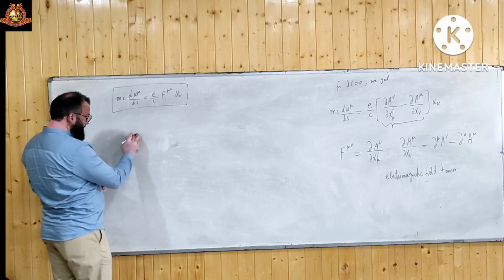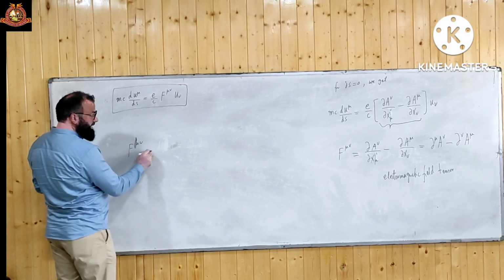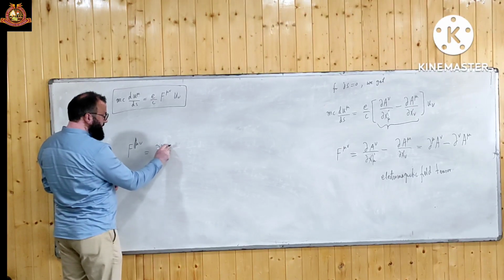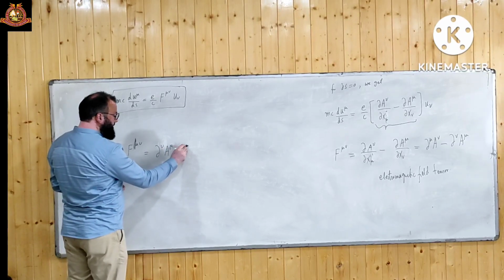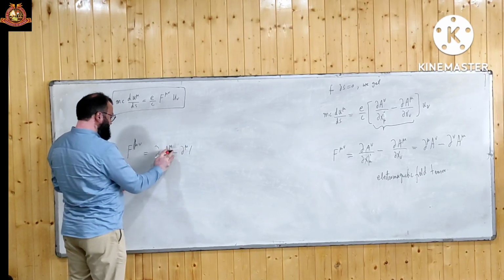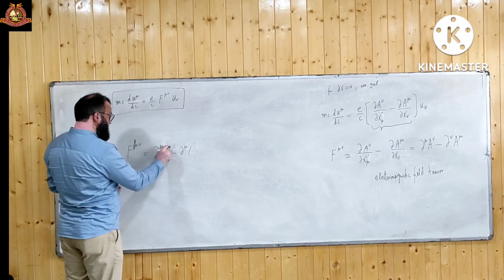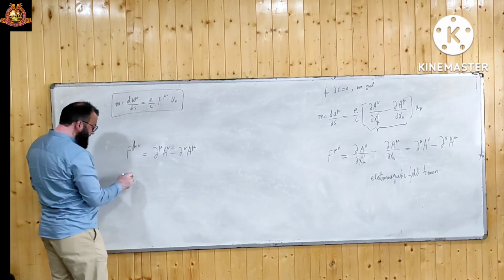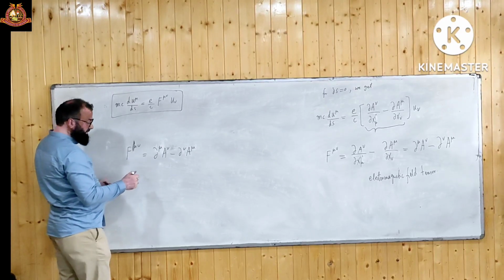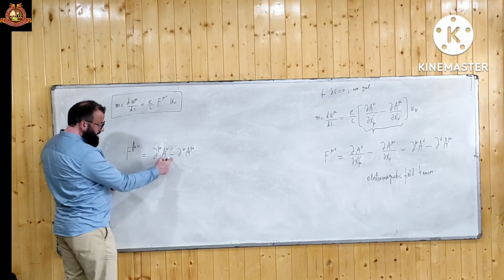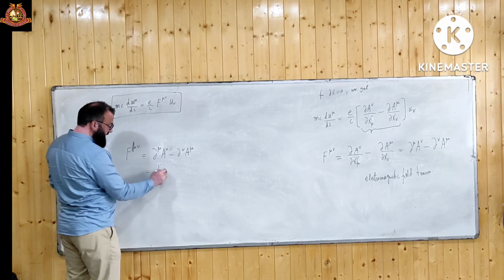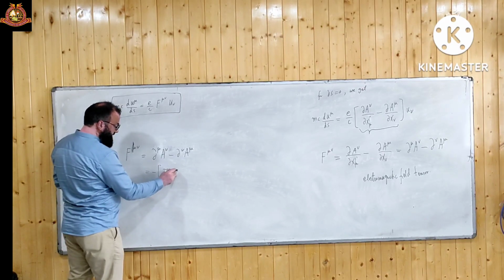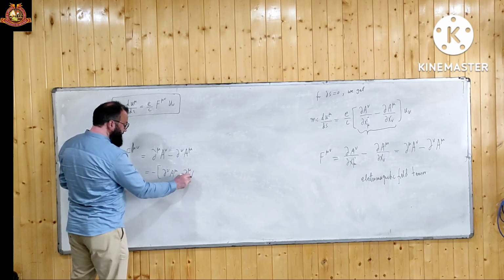So we have F mu nu as partial mu A nu minus partial nu A mu. Let's interchange the indices. Let me take this minus out. What it gives me is partial nu A mu minus partial mu A nu.